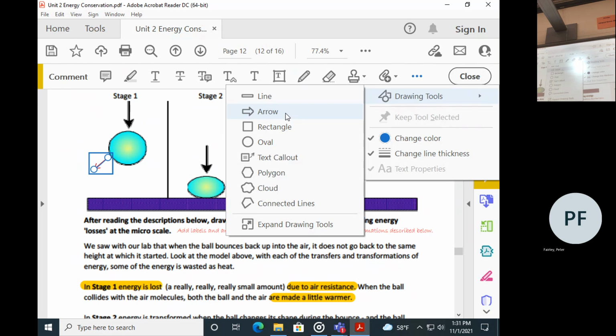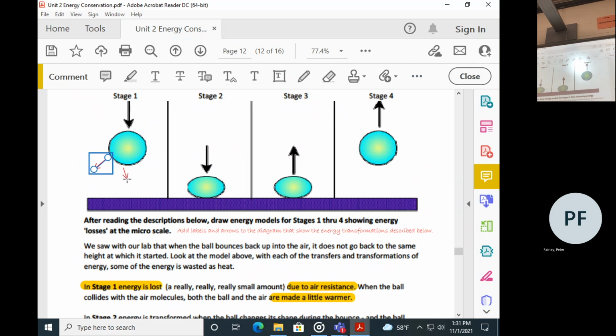Did you do this too on yours? I'm going to show that some energy was lost here. Now, have I taken what that first description was and added it to the diagram? I used arrows and labels to show that. You need to do that same thing for stage 2, 3, and 4. Does that make sense? What I want you to do?